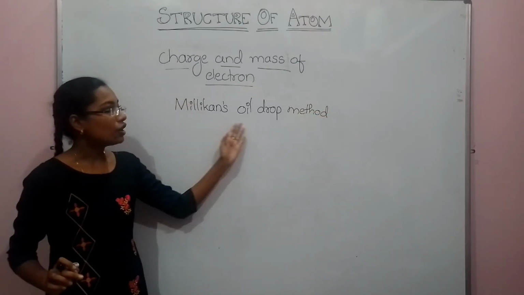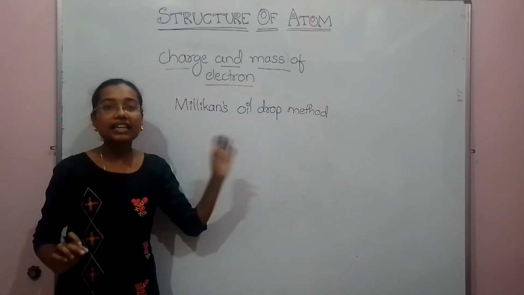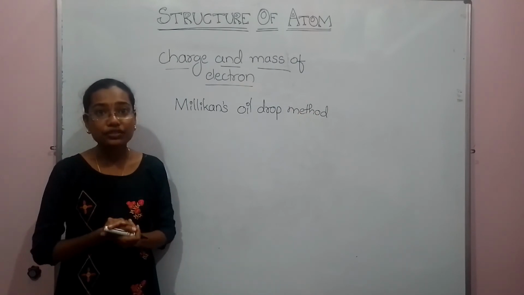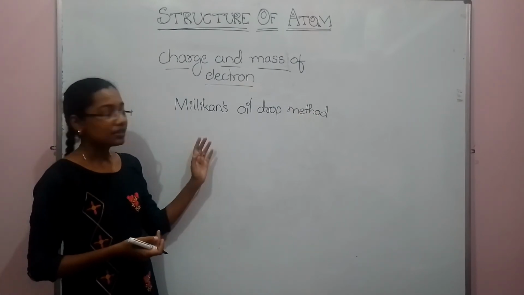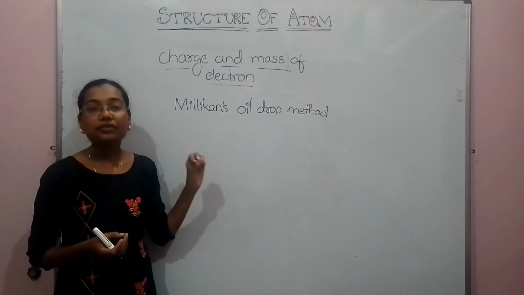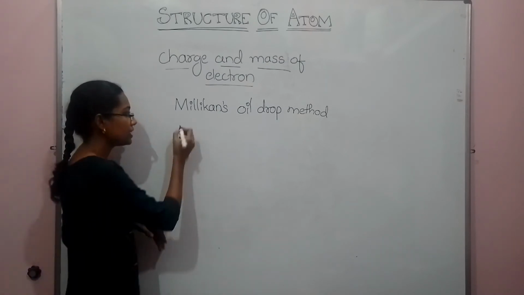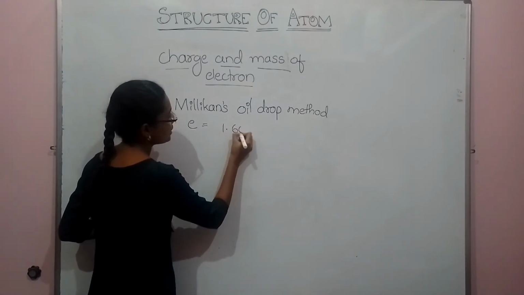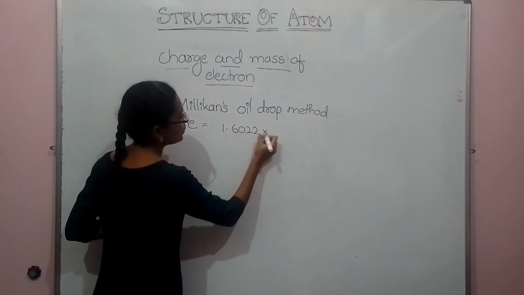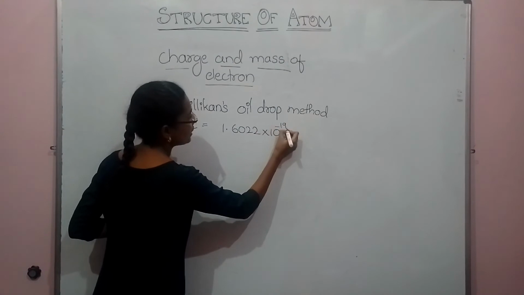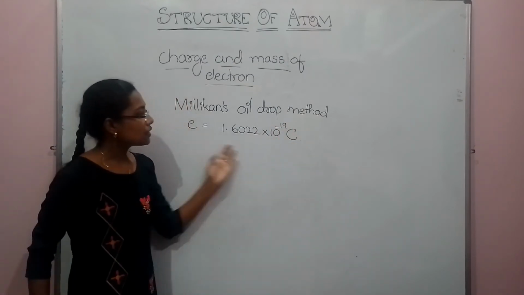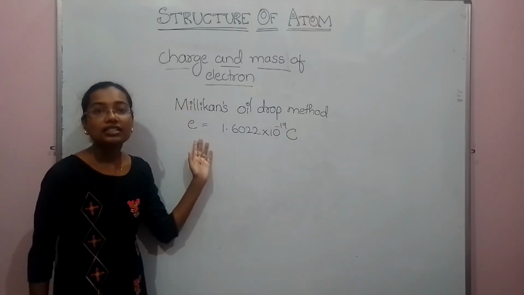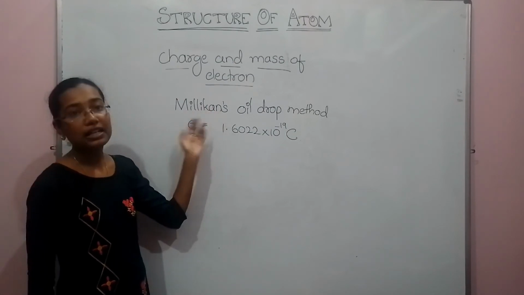With this oil drop method, he gave the exact value of the charge of the electron. That is, the charge of the electron is 1.6022 into 10 to the power minus 19 coulombs. This is the value of the charge of the electron given by Millikan.